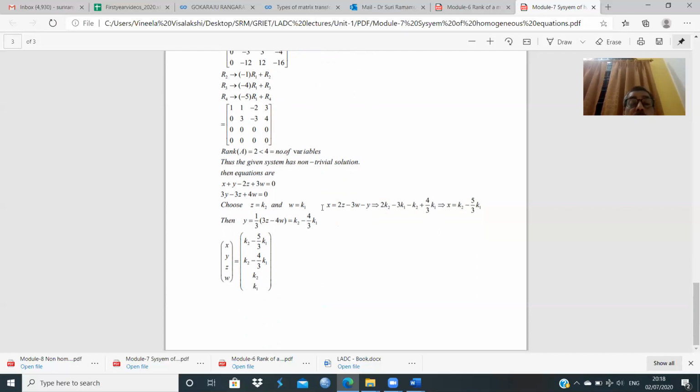So this is the procedure by which one can understand the process of finding solutions of a homogeneous system of equations. And the system of homogeneous equations with m equal to n is very important in understanding the matrix eigenvalue problem, which will be explained in the lectures to come.